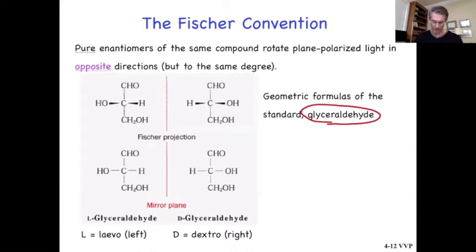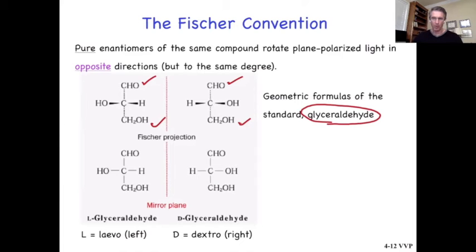And you have two different enantiomers of that chiral glyceraldehyde. If you reference the aldehyde group at the top and keep the alcohol at the bottom, you have two different ways in which you have the hydroxyl on the right or on the left, but they're mirror images of each other. If you take a solution of one pure enantiomer of glyceraldehyde and pass plane polarized light through it, it'll rotate it to the left.